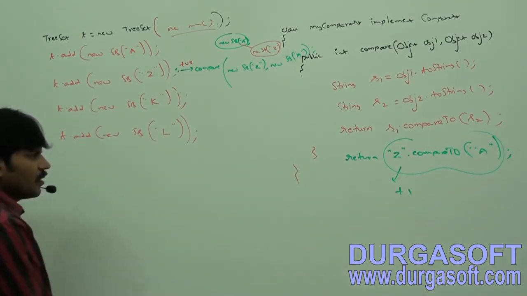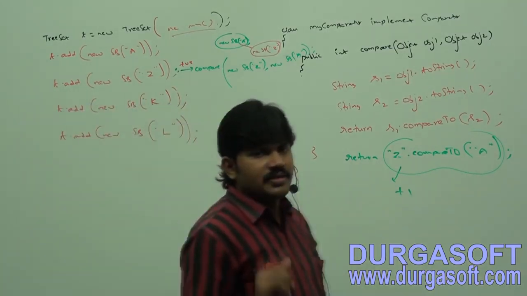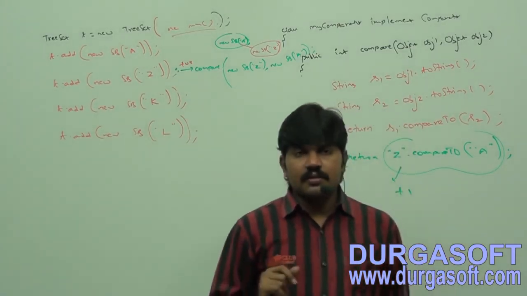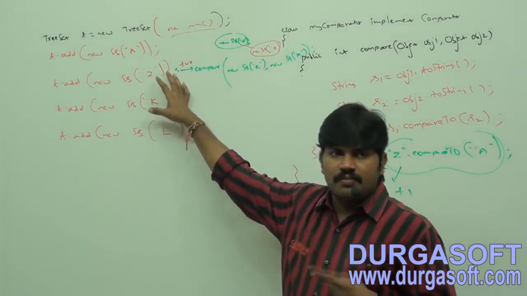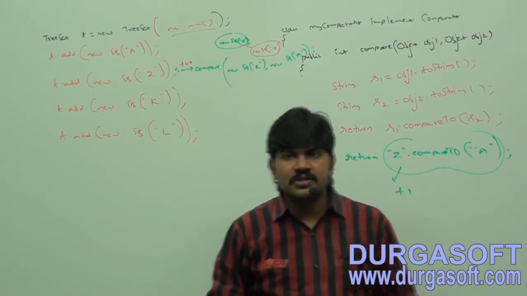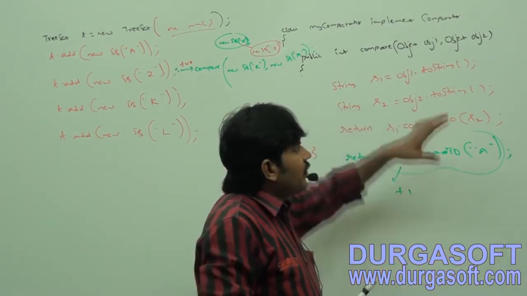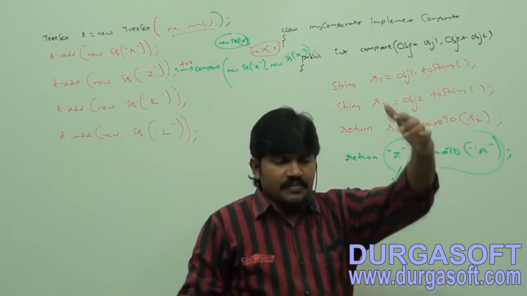That's all. Completed, right? So this is one example what we have. Next, non-comparable objects example already covered. Heterogeneous objects, how we can insert, how to define compare logic, that part I will explain.